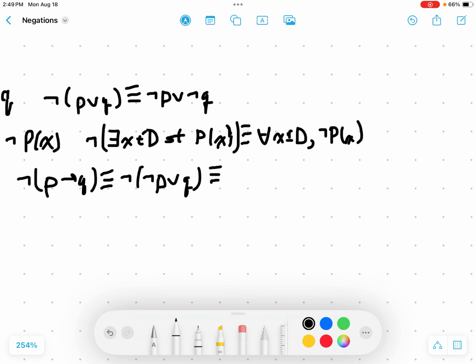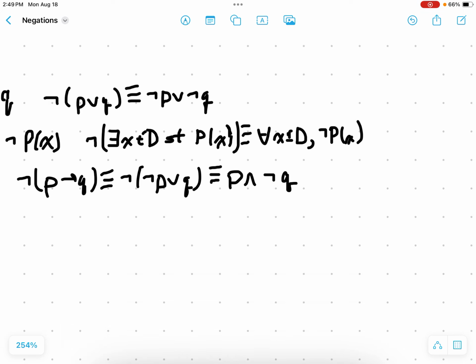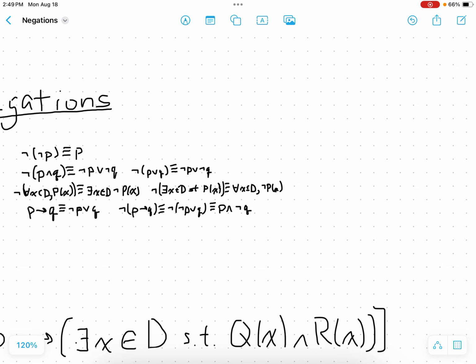We've got our not P, so that's going to be P. The or becomes an and, then the Q gets the not symbol applied to it. So the negation of if P then Q is P and not Q. P happened, but Q didn't happen. So that would be, in general, the rules that we're going to use.